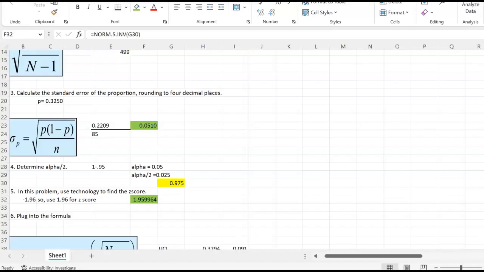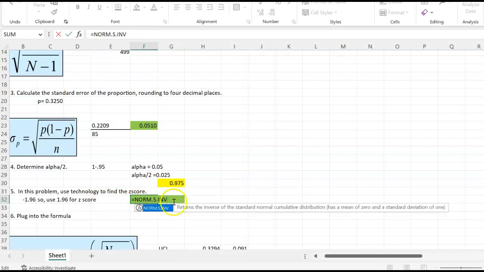With that 0.975, you can look up the z-score because we want to use technology, and you're going to do norm.s.inv. Let me just show you what that looks like. It's going to return the inverse of the normal cumulative distribution. So, like I said, we're working backwards.